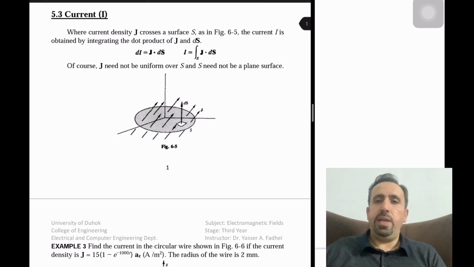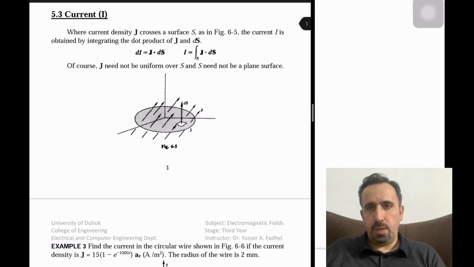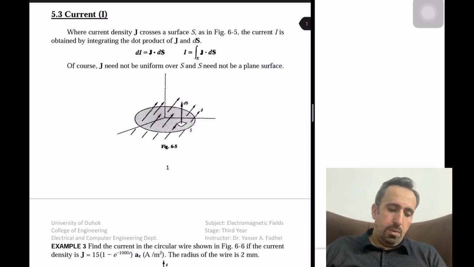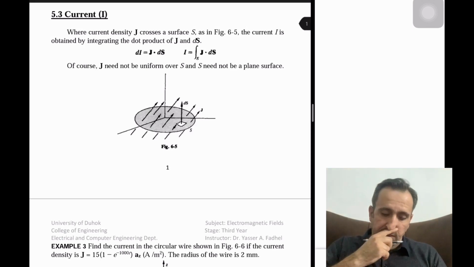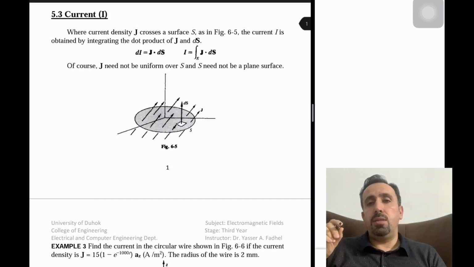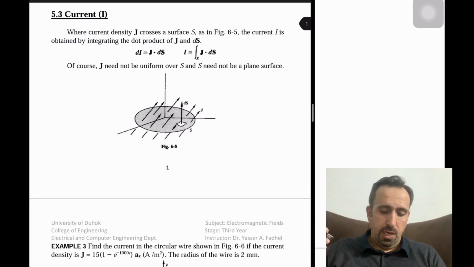Now let's talk about the current itself. If we talk about the current, how is it calculated from current density? In this case, it is suitable to think about this figure 6.5.